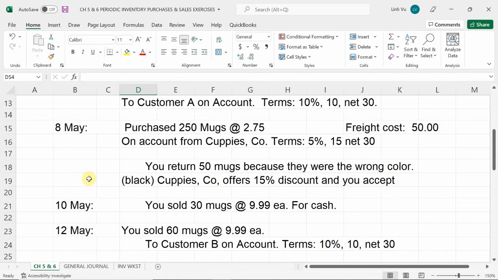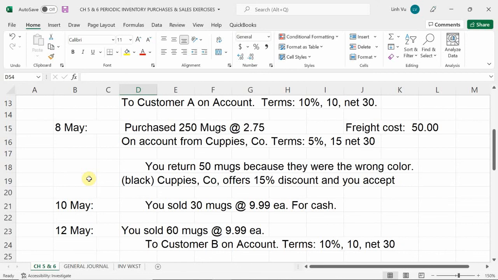And of course, Cuppies Co. apologizes for the mistake and kindly says, you can keep the cups because they're still in good condition. There's nothing wrong with them. But to make up for the mistake, I will offer you an additional 15% discount. And we accept it. So we accept the discount instead of getting a full refund.